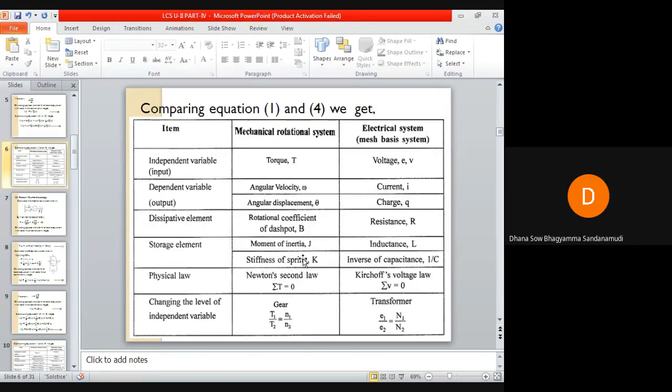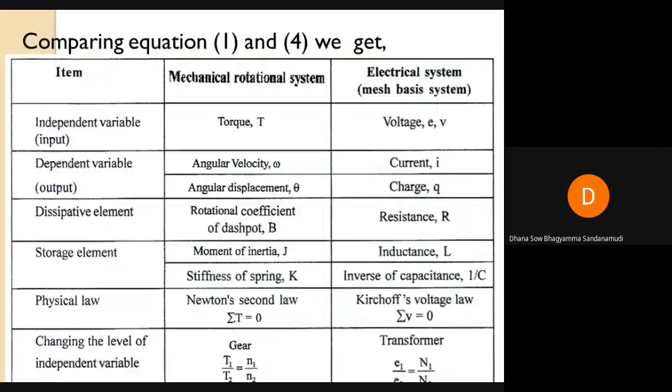We know that I equals dq/dt, and V equals d theta/dt, isn't it? V is equal to angular velocity. Here I have written omega, it's okay. So omega is equal to d theta/dt.